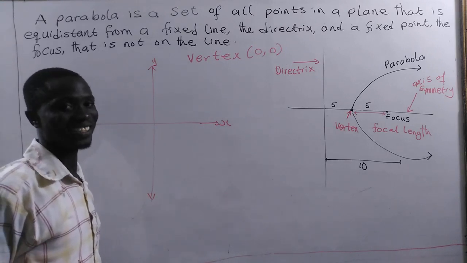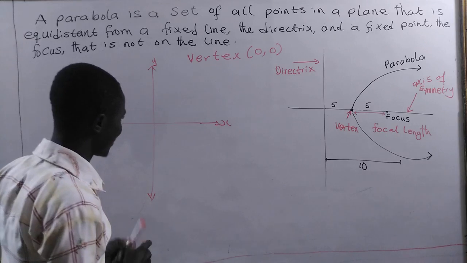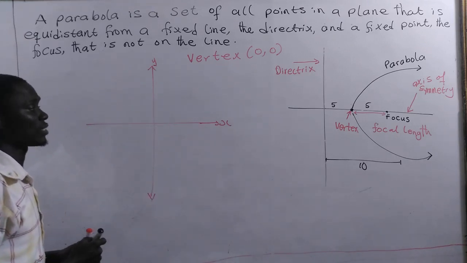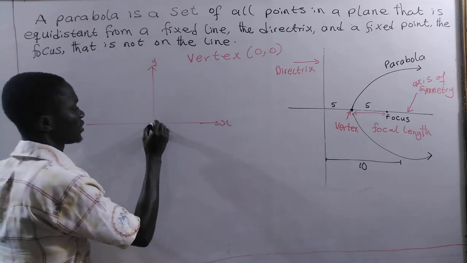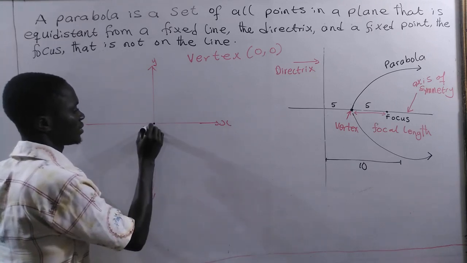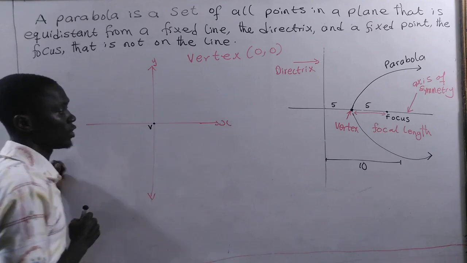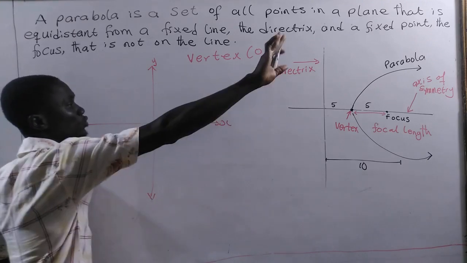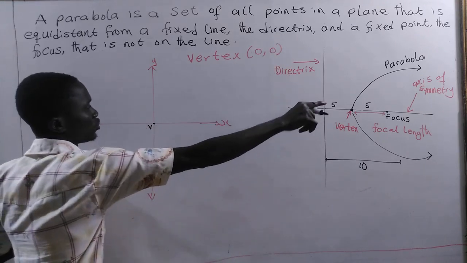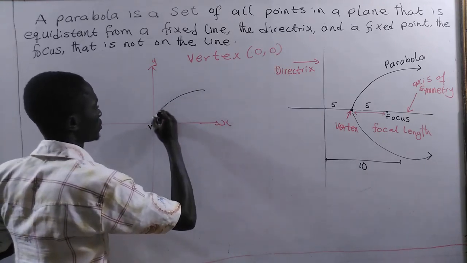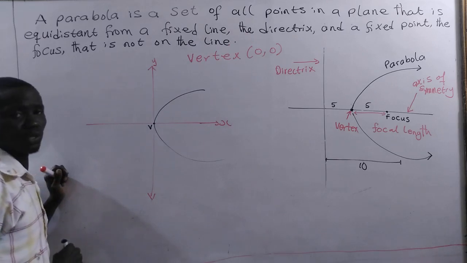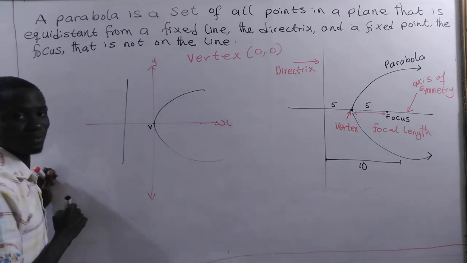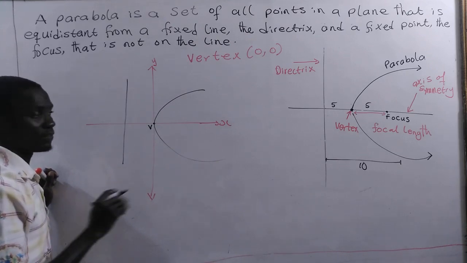Very simple as that. Now, let's first take the x-axis as our axis of symmetry, and have the vertex here at the origin. We can draw a parabola open to the right. That is the first one that I've drawn. This parabola is open to the right, and this will be our directrix. Very simple as that.